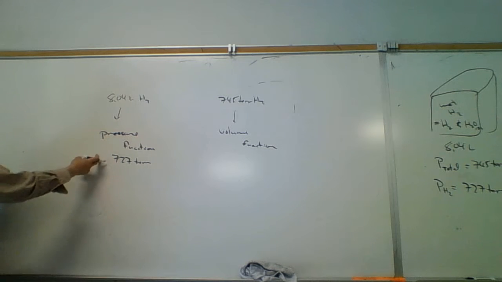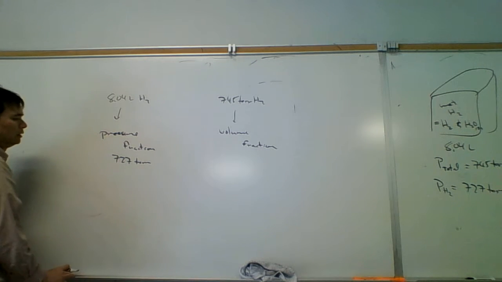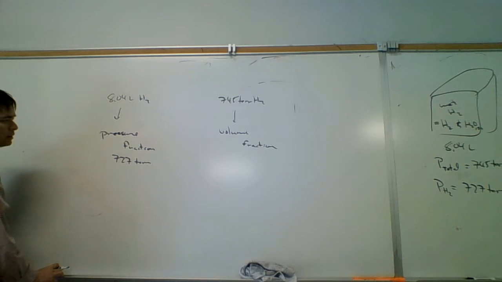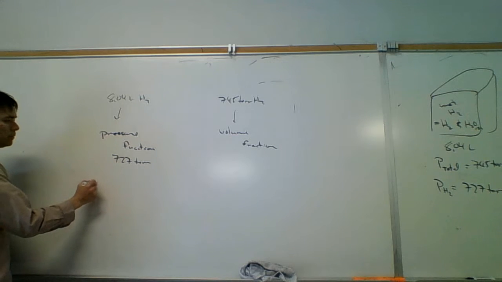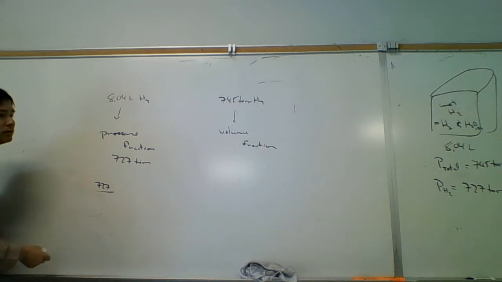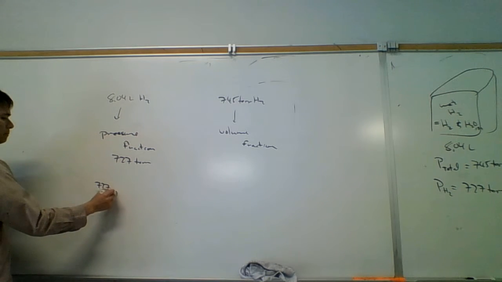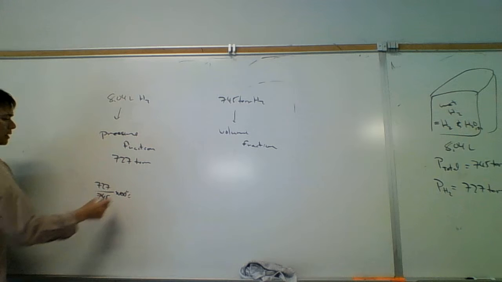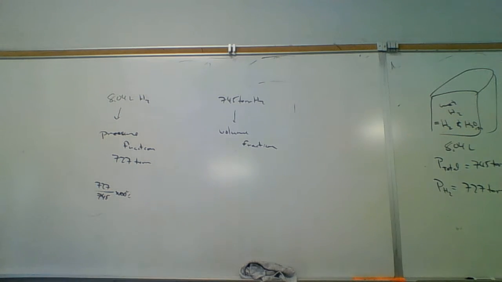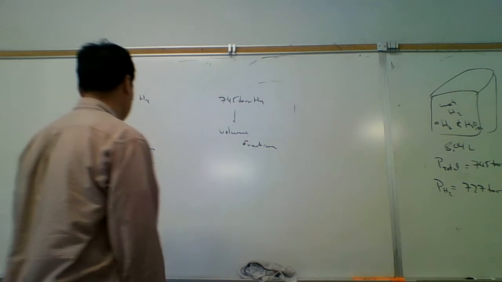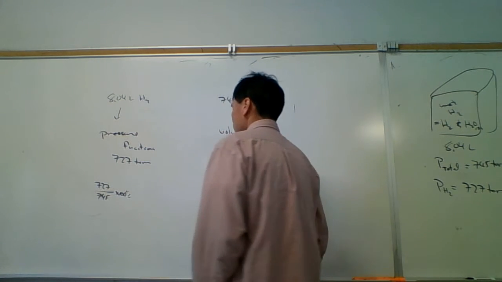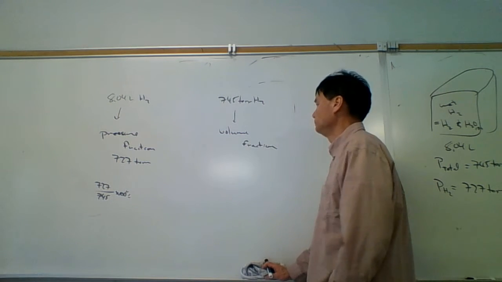And so what is the fraction? Well, what was the fraction for the pressure? The pressure fraction is going to be 727 out of a total of 745 times 100%. And so we have to do one or the other.